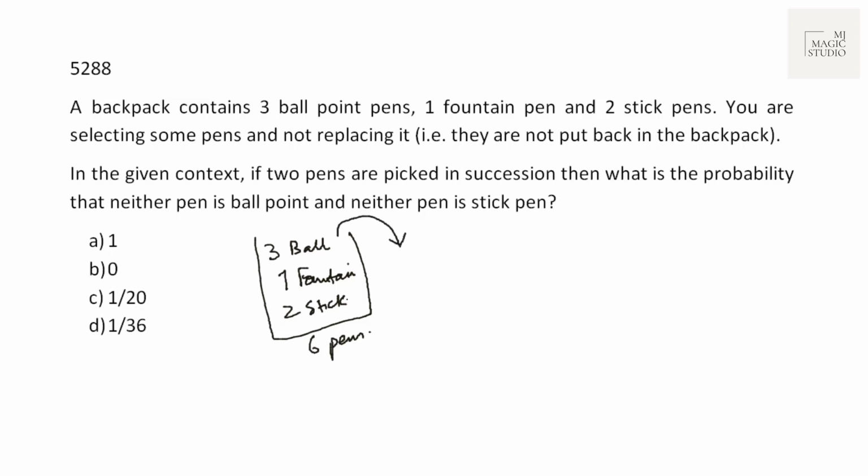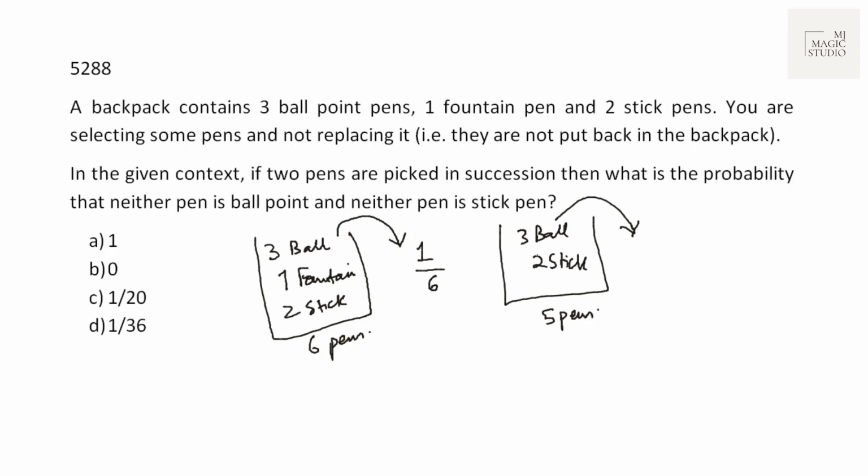So if I draw one pen for the first time, the probability of getting the fountain pen would be 1 by 6. Now, in this bag, we have got only 3 ball pens and 2 stick pens left because the fountain pen has been taken out. So we have got 5 pens. But now they are asking that if you take out the second pen, it should not be a ball pen or a stick pen.